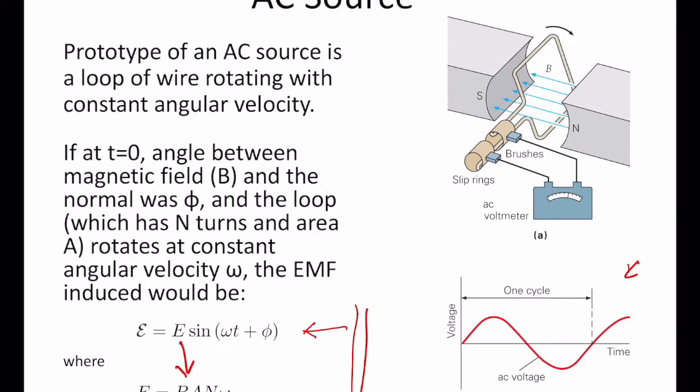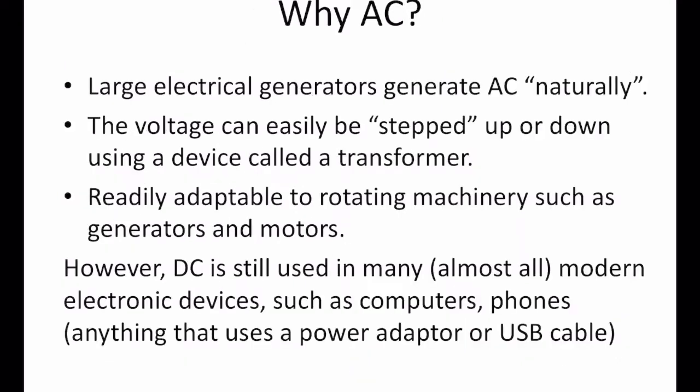Think about how a hydroelectric plant produces current, or a coal plant produces current. In a hydroelectric plant, what happens is that you have a cliff and you have water falling off this cliff in a waterfall. And to harness the kinetic energy of the falling water, you stick a turbine somewhere over here, and the paddles of the turbine turn as a result of the falling water.